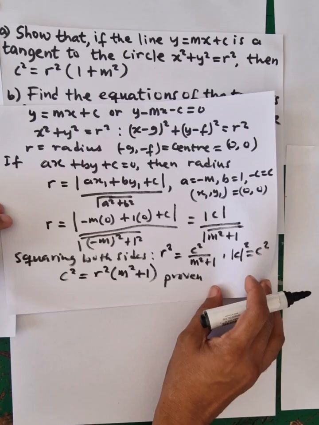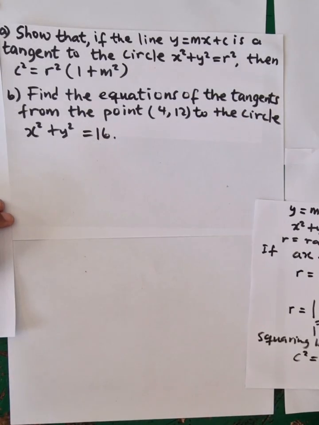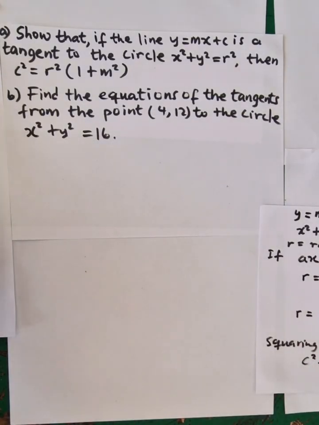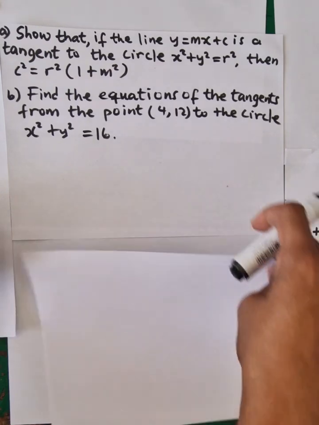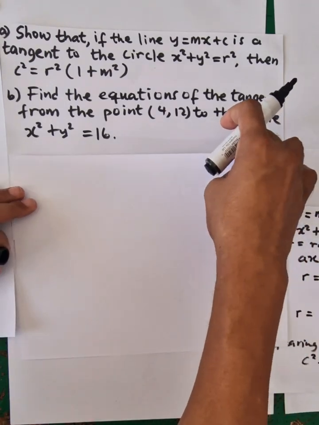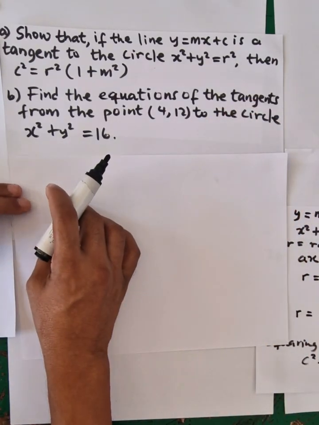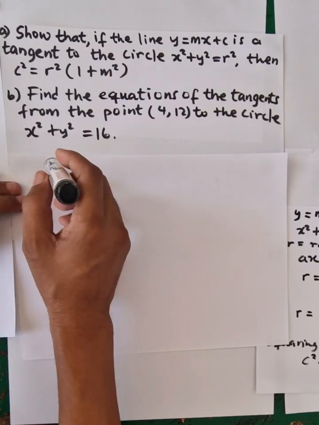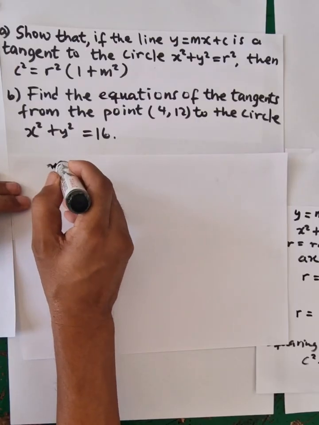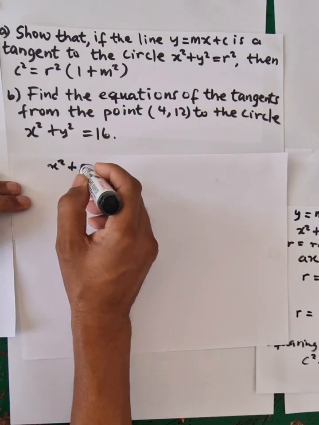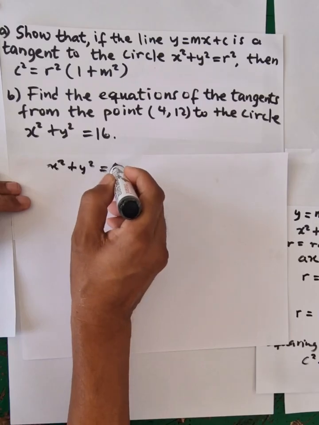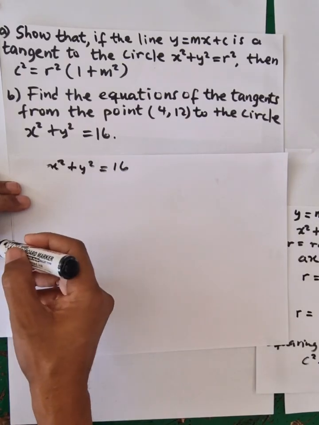Good. Now let's go to the second sub question, that is B. Now with B, we have the equation of a circle, x squared plus y squared is equal to 16.